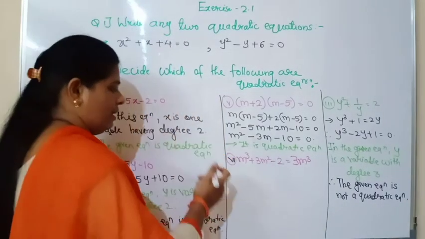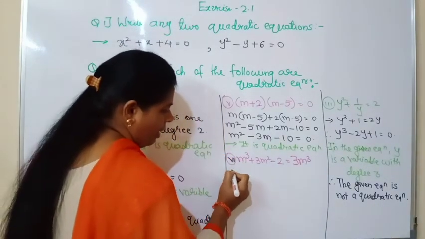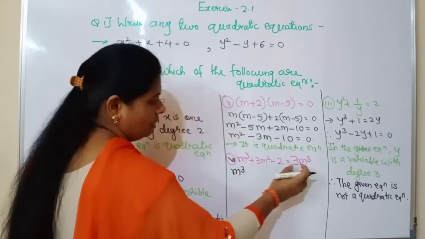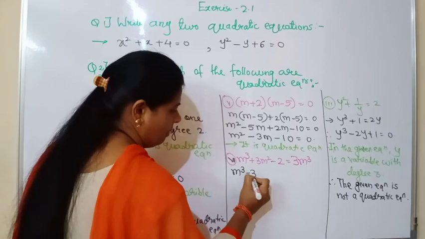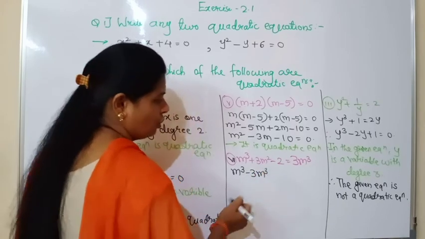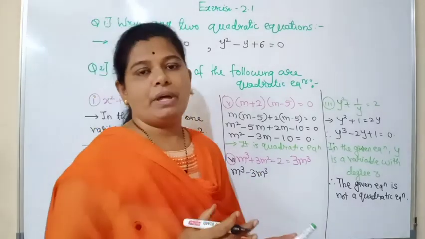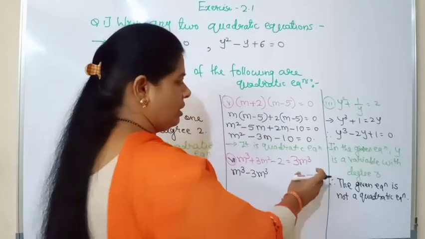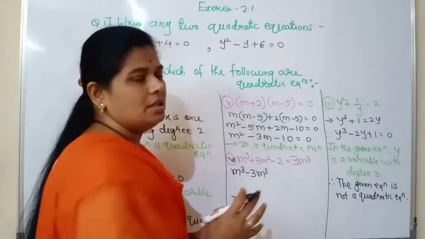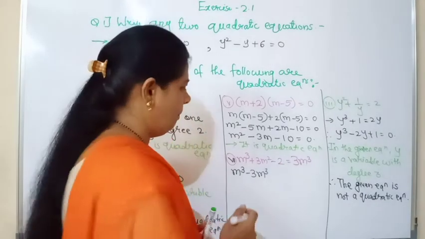Okay, so now we will arrange the equation here. See now, this 3m cube will shift towards m cube, so it will become minus 3m cube, because here there is a 3m cube with a plus sign. So as we are shifting 3m cube towards m cube, the sign will change and it will become minus.